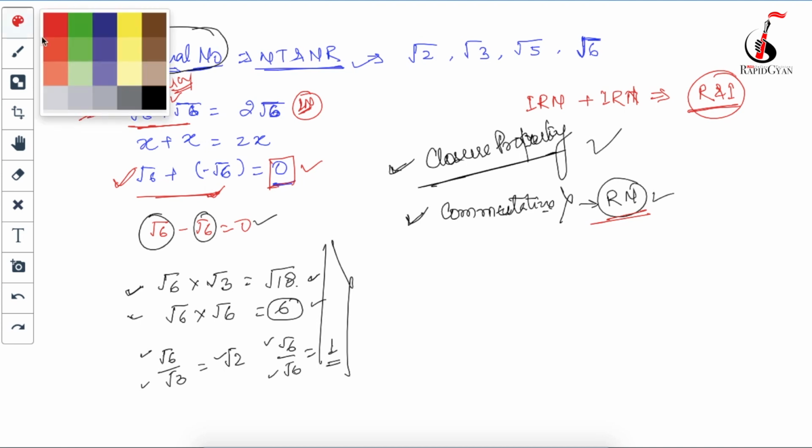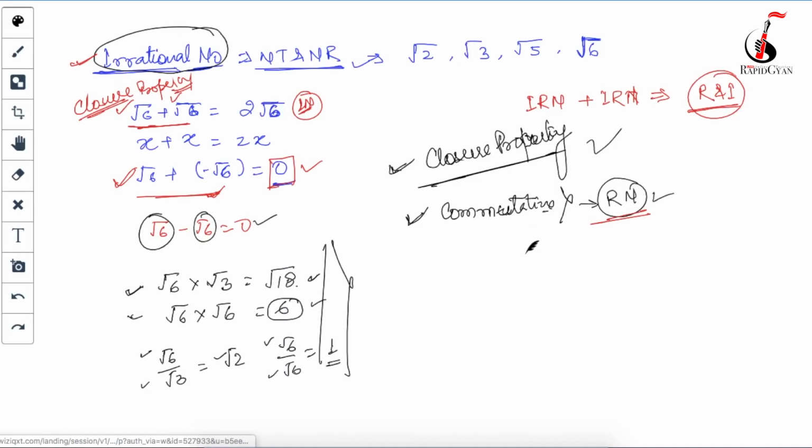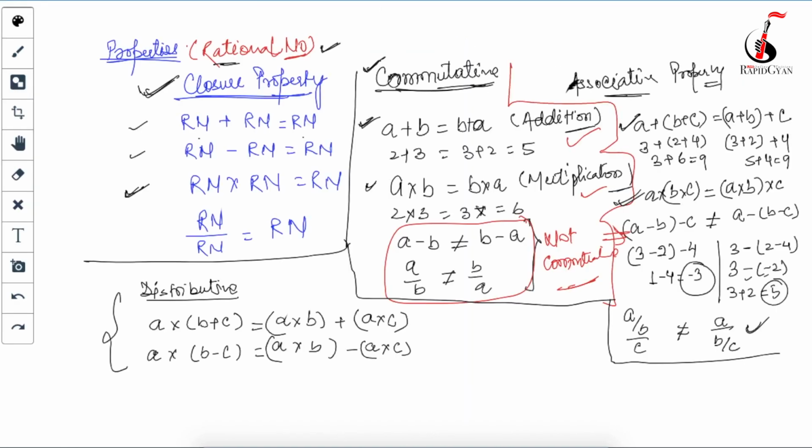Okay, what was the next property? The next property was the associative property. The associative property is also exactly the same as the rational number properties. For three irrational numbers, addition and multiplication will support the associative property, but subtraction and division will not.